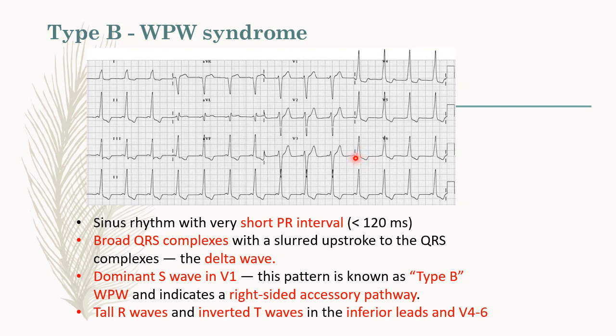Dominant S wave in V1. This pattern is known as type B WPW and indicates a right side accessory pathway. Tall R waves and inverted T waves in the inferior leads and V4 to V6.